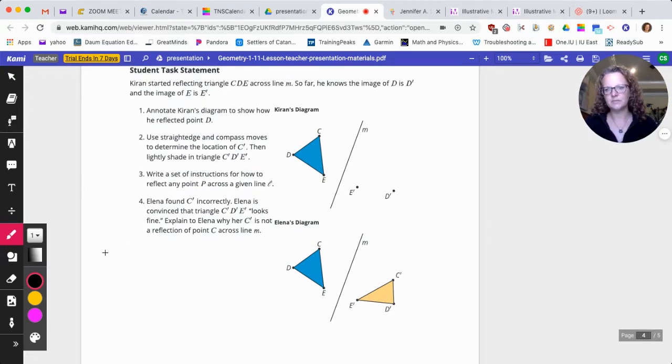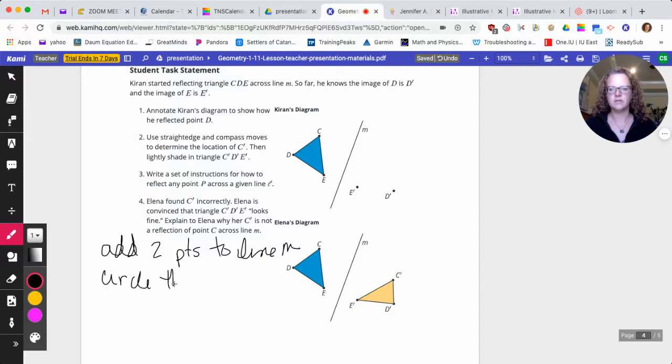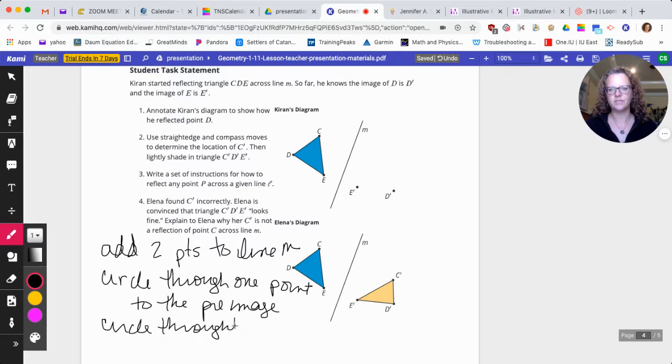First, we need to add 2 points to line M and do a circle through 1 point to the pre-image point, and then circle through the other point.